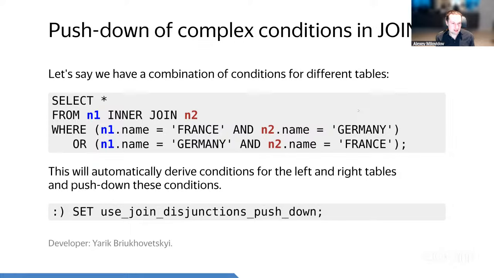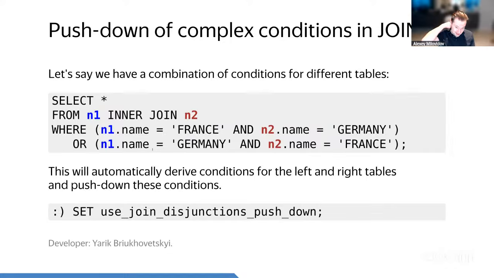But what we need is to generate a condition that is probably less selective, probably more general, but still filters the records that will contain the records matching this condition.